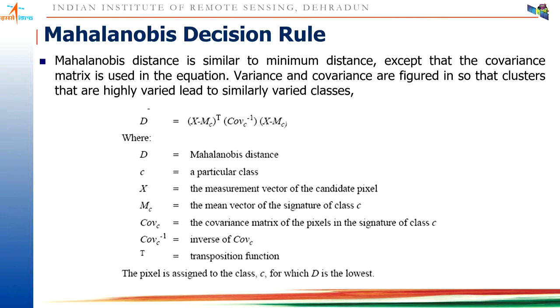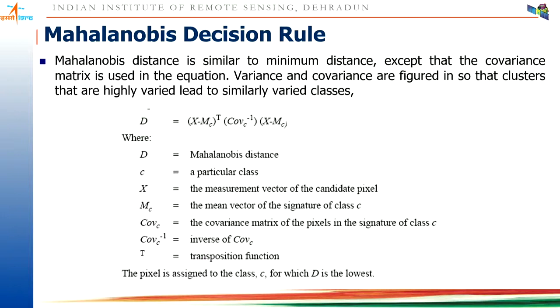The formula for distance is x minus mc, where x is the measurement vector minus mean vector of the class, transpose of this matrix, multiplied by inverse of covariance matrix, and this will be multiplied by x minus mc matrix. Again, since it is distance, the pixel will be assigned to the class C for which the distance is lowest.